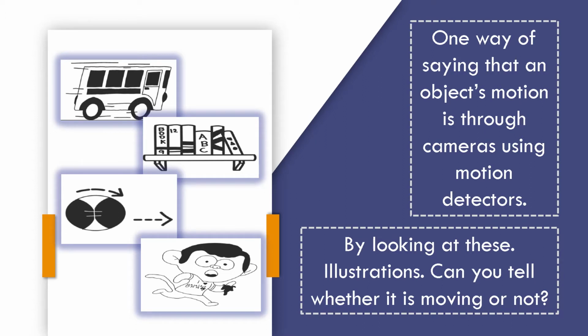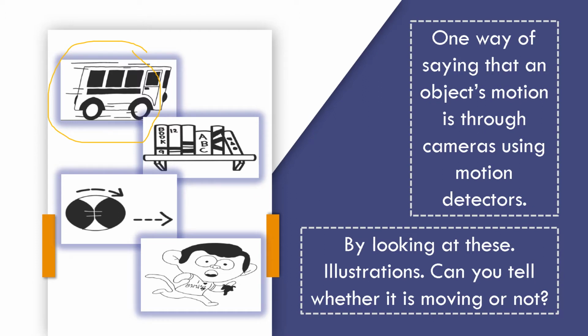By looking at these illustrations, can you tell whether it is moving or not? Let us take a look at this picture first. Kasi di ba syempre, we often watch cartoons. And in cartoons, how can we tell if an object is in motion? By looking at this kind of illustrations, di ba?